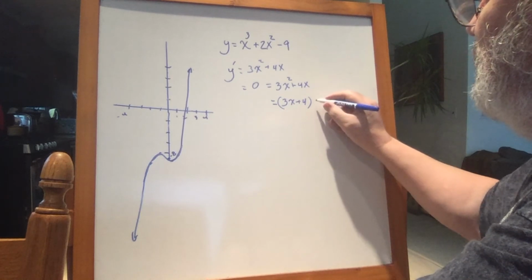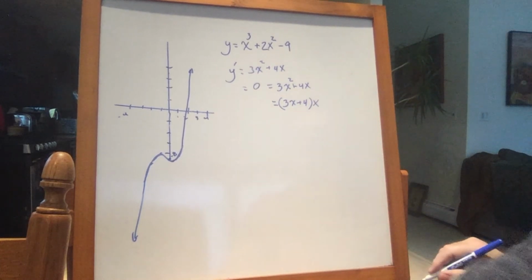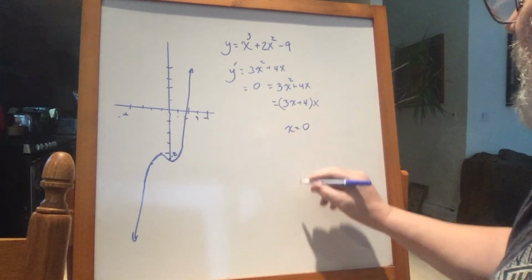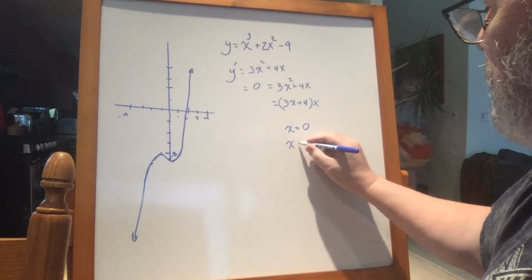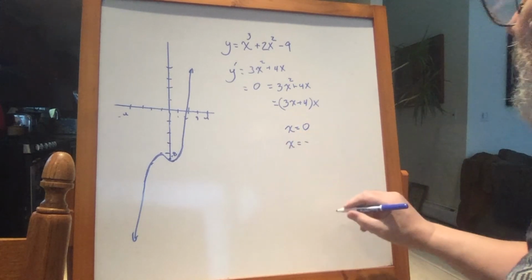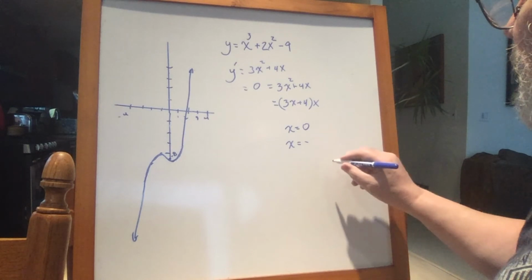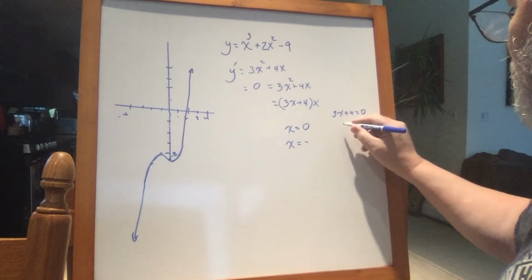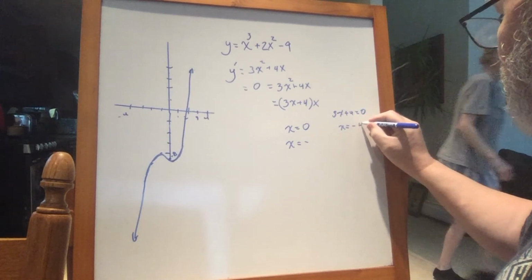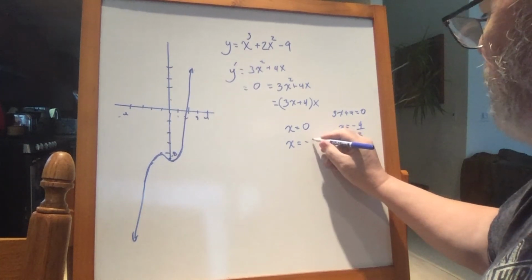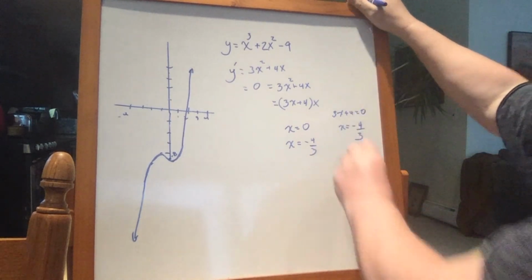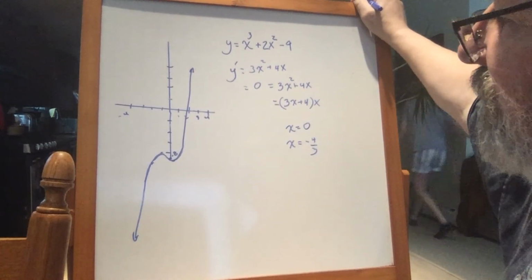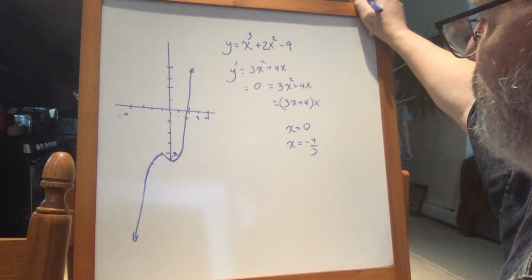Well, this is 0 when x equals 0 and when 3x plus 4 equals 0. X equals minus 4/3. So at those 2 points, the derivative is 0. So x equals minus 4/3 and 0.